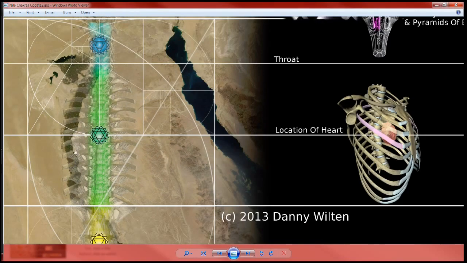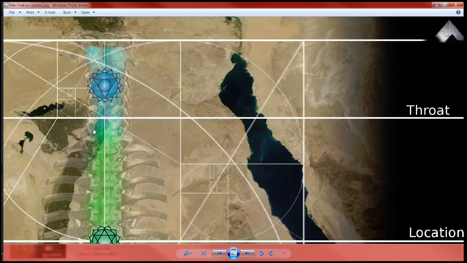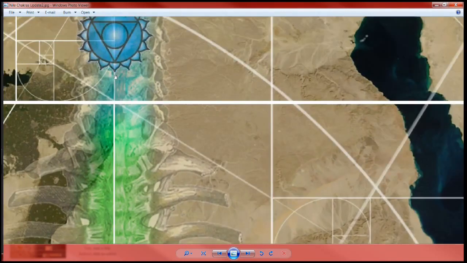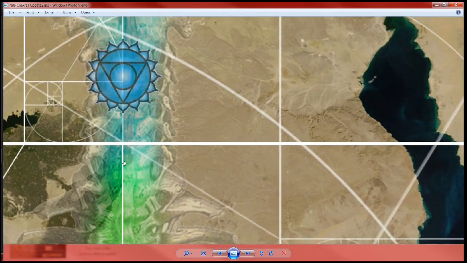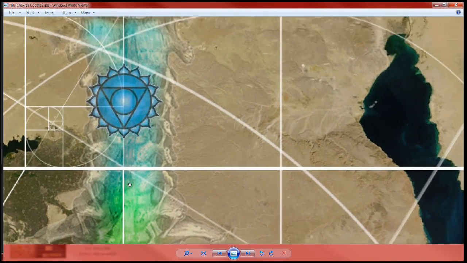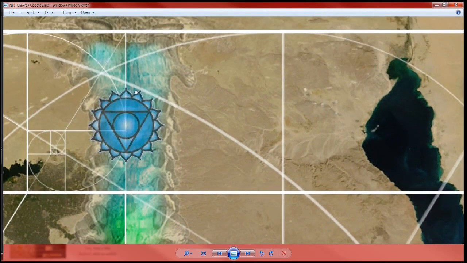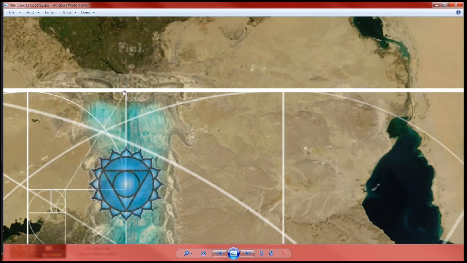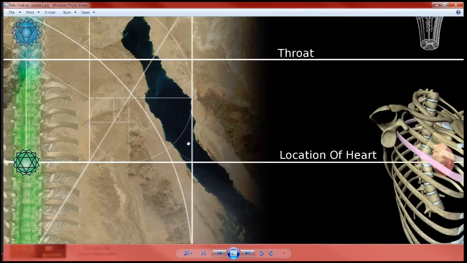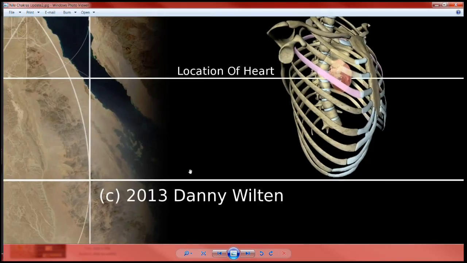And you can see how the Nile follows the rib cage as they come up. And then we have this throat area right here. The throat area comes up, and then the spinal cord, or the spinal column, ends right here where this throat area is. So this is the first diagram we're going to take a look at right here.